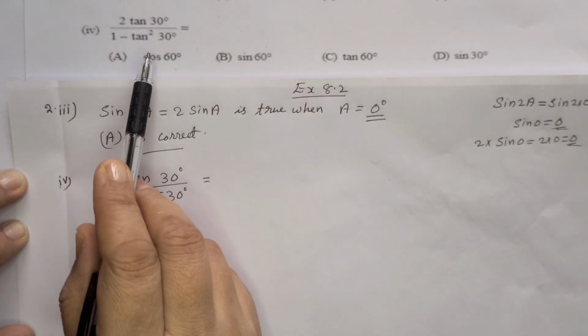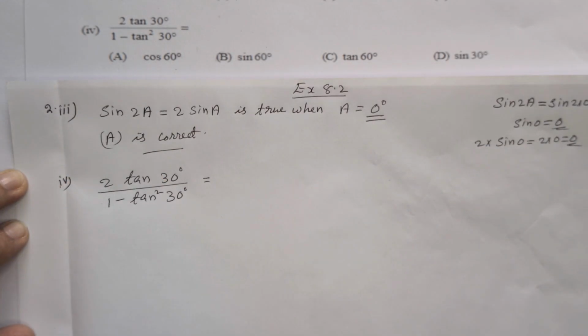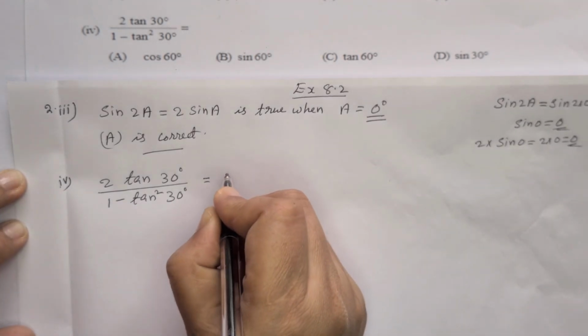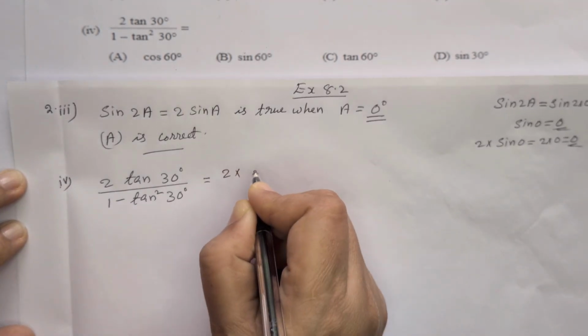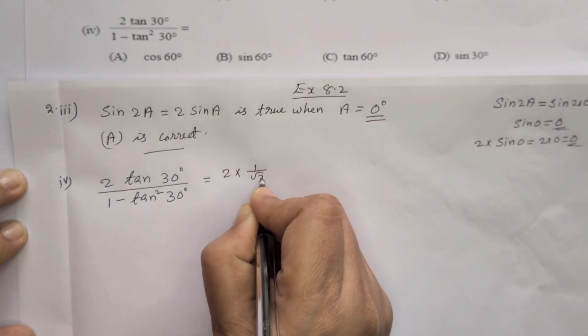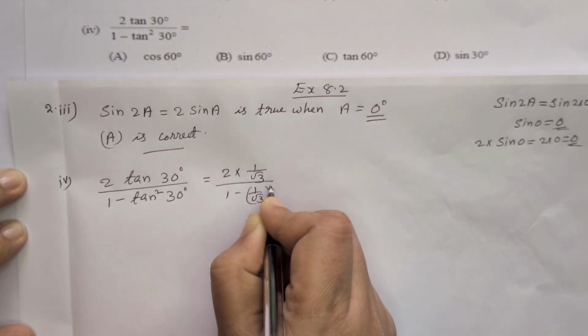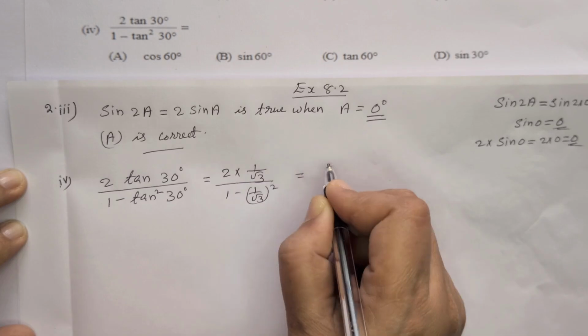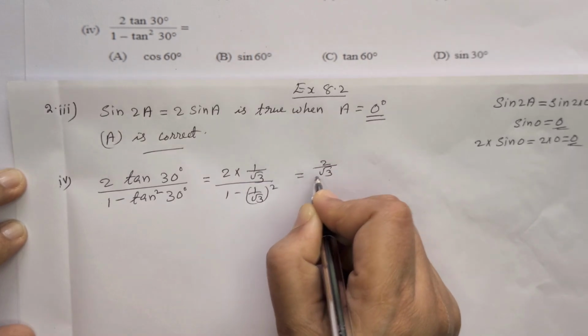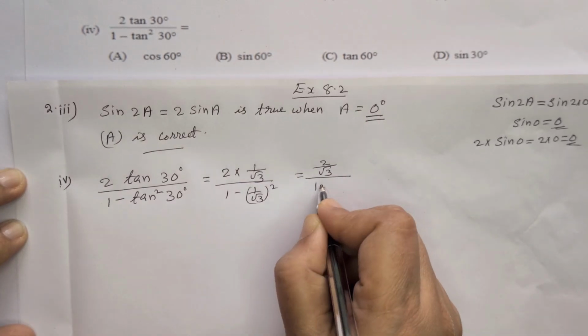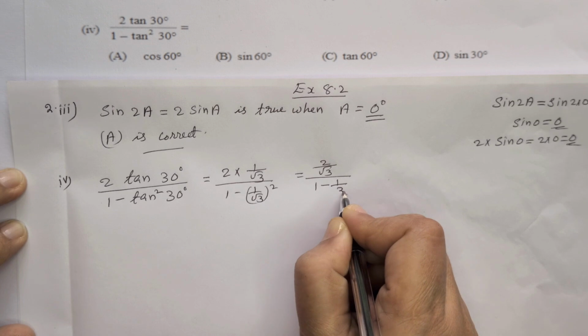Now fourth one, 2 tan 30 by 1 minus tan square 30. Put the values of tan 30 here. 2 into tan 30 is 1 by root 3 by 1 minus 1 by root 3 square, which is equal to 2 into 1, 2 by root 3 by 1 minus 1 by root 3 square is 3.